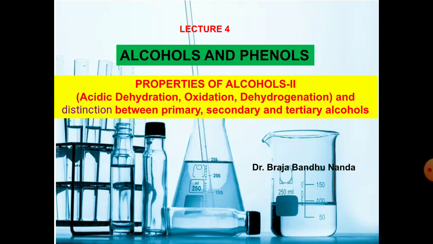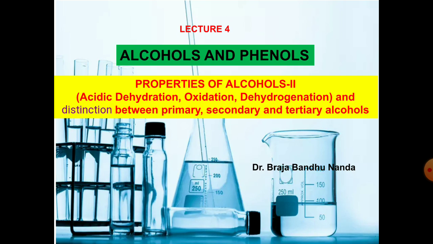Today we shall discuss the properties of alcohol 2, because in properties of alcohol 1, in lecture 3, we have discussed two of the chemical properties of alcohol, due to cleavage of the O-H bond and due to cleavage of the R-OH bond.